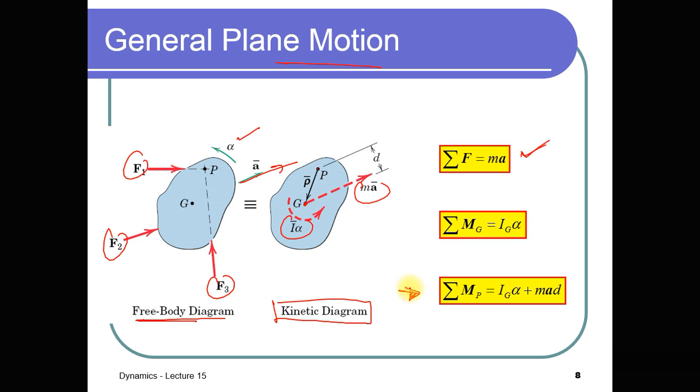You can switch the sum of moment to point P, which must be equal to the moment of inertia at point G times alpha plus MAD, where D is the perpendicular distance, 90 degrees, offset from the previous move.